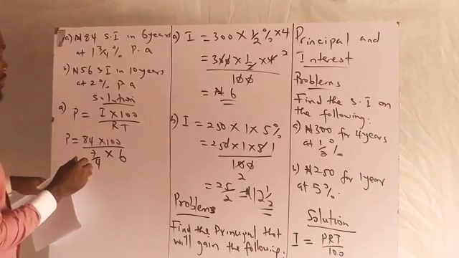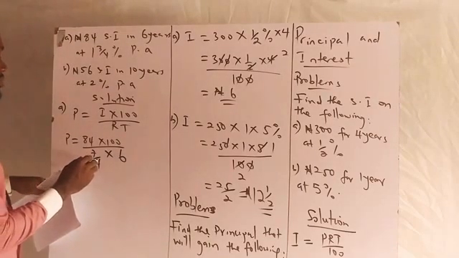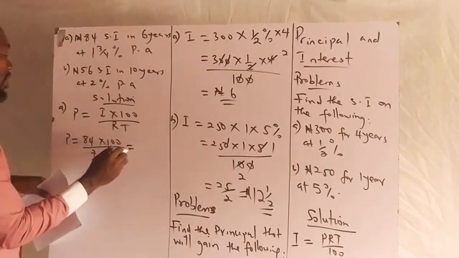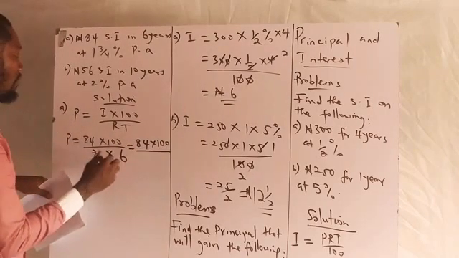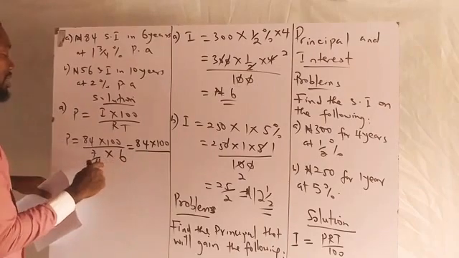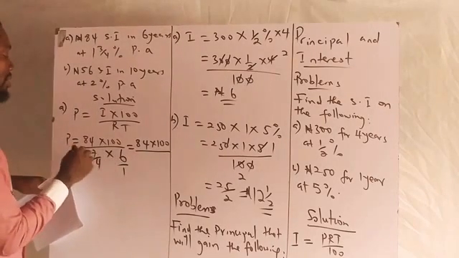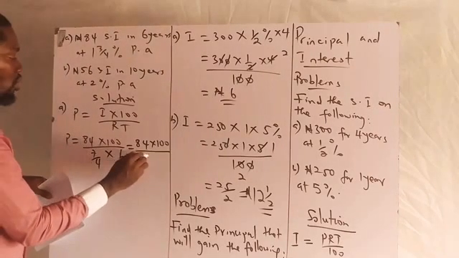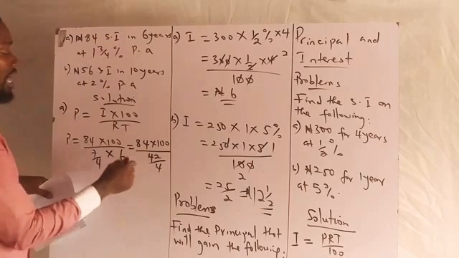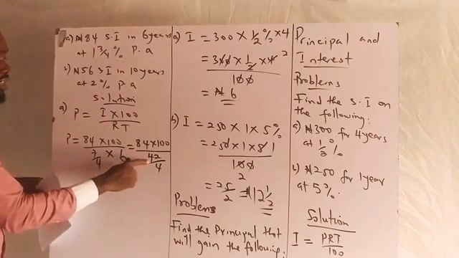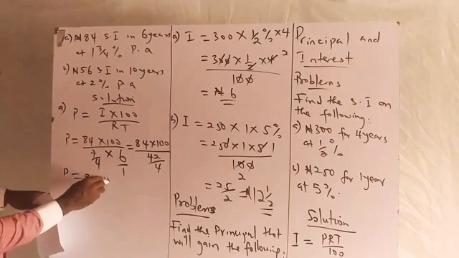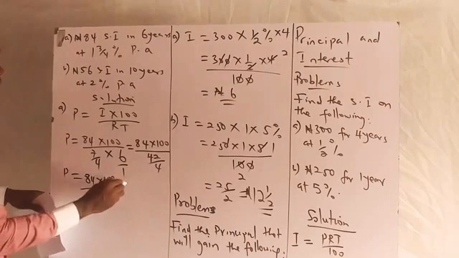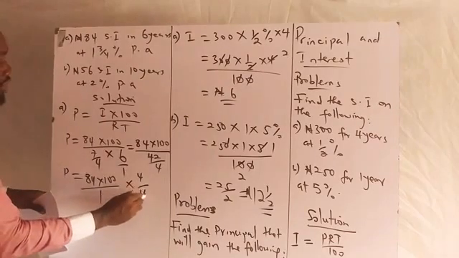So let's deal with this problem. This will give us 84 times 100 all over. Multiplying this, that will give us 42 over 4. I can work on this denominator as principal is equal to 84 times 100 over 1 times 4 over 42.